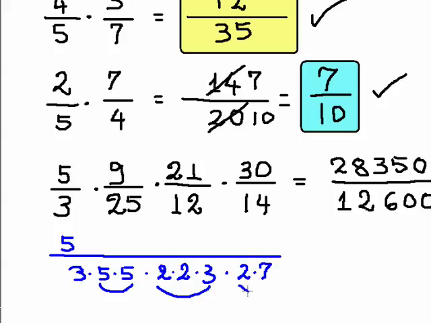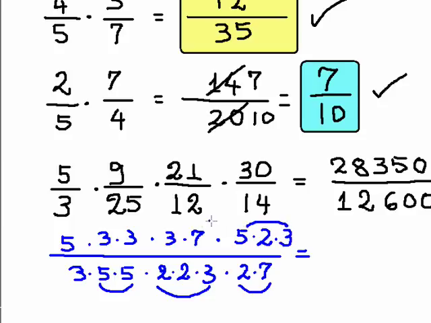Okay, beautiful. So you see, I have the product, but I haven't performed the actual computations yet. Instead of 9 at the numerator, I will write 3 times 3. Instead of 21, I will write 3 times 7. And instead of 30, I will write 5 times 6, that is 5 times 2 times 3.